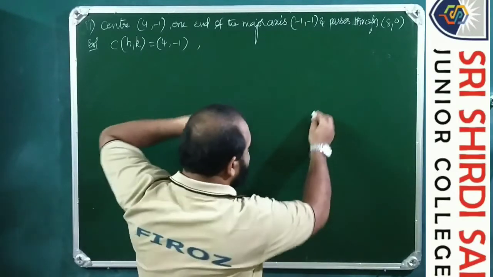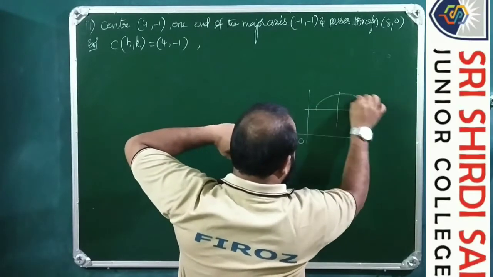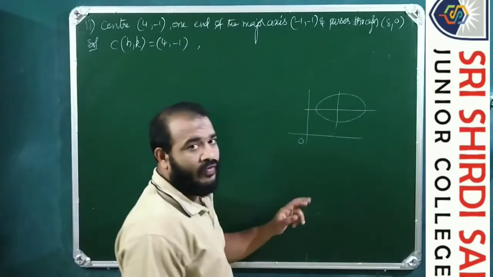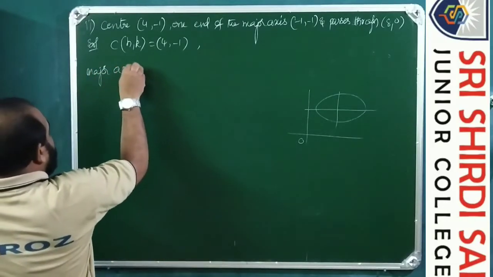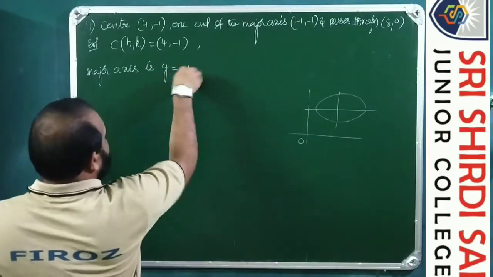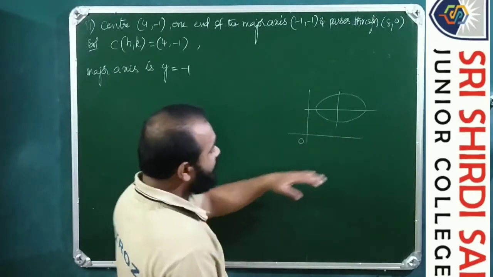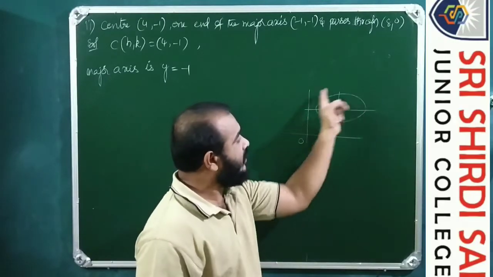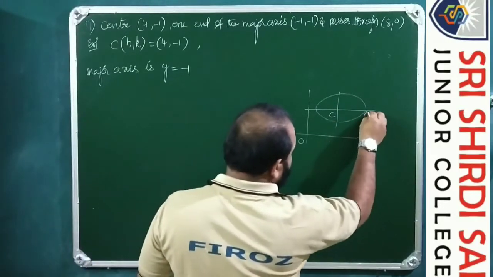So parallel to the x axis, this is the origin and this is the ellipse. So parallel to the x axis, y equals k. So the major axis is y equals minus 1. That means y equals k is the line which is parallel to the x axis. So now this is the horizontal ellipse. So the center is this and the major axis is this A dash.